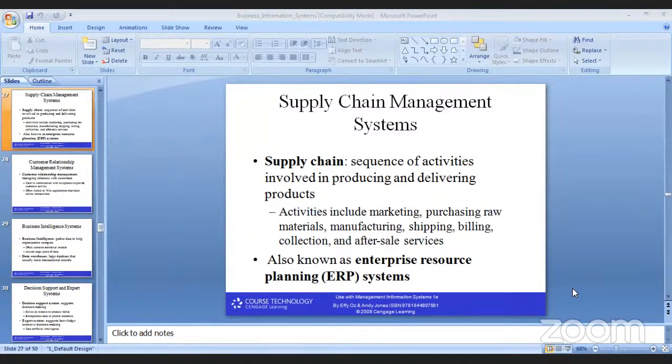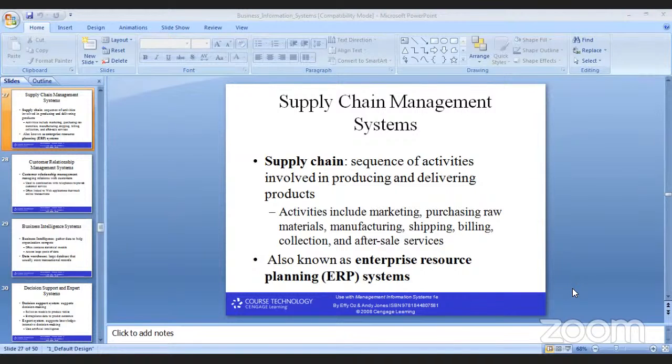Then purchasing of the raw materials: if you are manufacturing certain products or services, you need the raw materials. Now, how to purchase the raw materials? Normally, we purchase the raw materials at as minimum a cost as possible. So supply chain management is a new dimension of research in the computer science field, and mostly people are working on it. Not only computer science, it is also a research area for manufacturing engineers, mechanical engineers, and even MBA fellows are working on the supply chain management system.